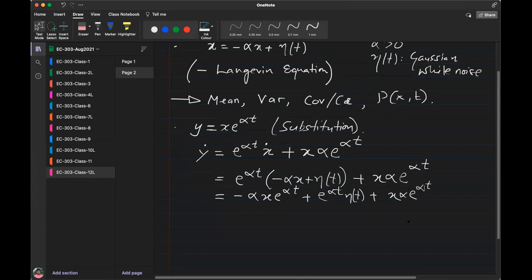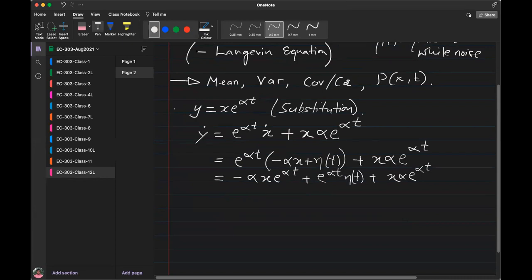You can now see that the first and the third term are the same, so they cancel out. This substitution trick works because you actually get such a cancellation. So we now have a simplified equation for y dot, which is e power alpha t eta t.